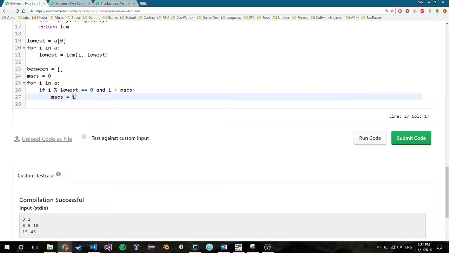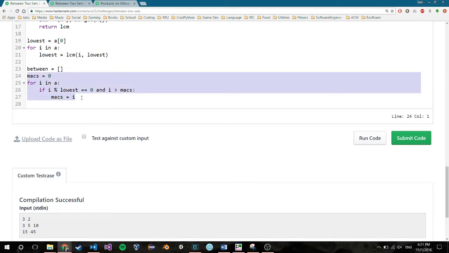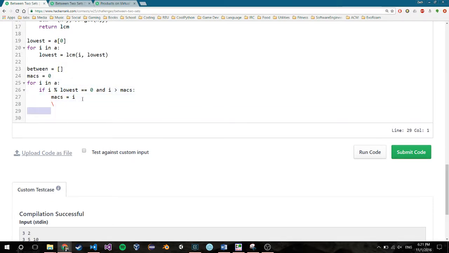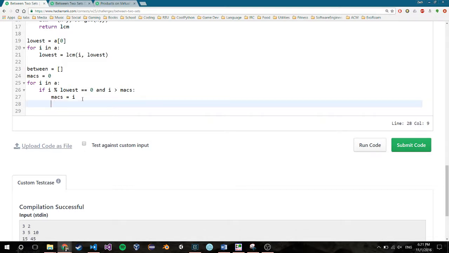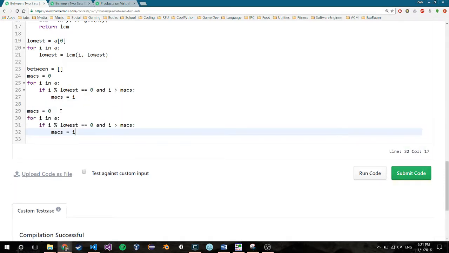Okay, and you can do the same for the minimum and set B, just kind of the other way around. I don't know, make it really high.